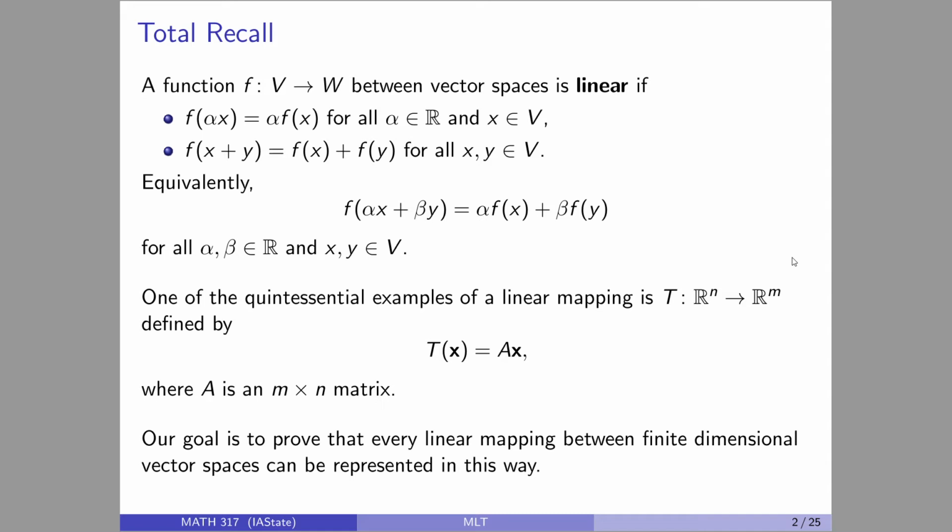So, in some sense, the reason we spent so long studying and talking about matrices is that matrices basically completely take care of finite-dimensional vector spaces. And so today we're going to make that super formal using linear mappings.